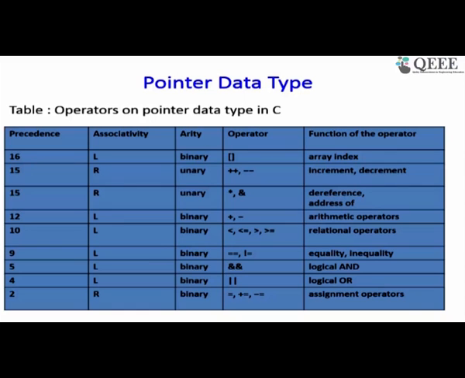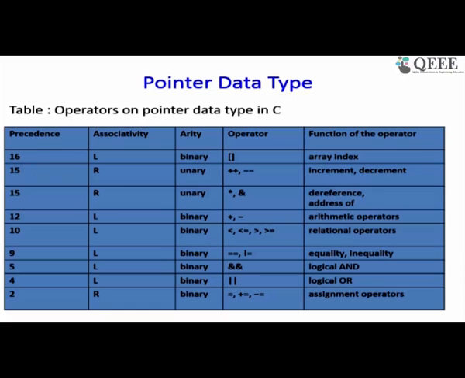So this is a very short table which tells you where pointer types can be used, and what operators are defined. You observe that there are very few operators which are defined. I'll not get into the syntax and semantics. If you look at the last ones, you can assign pointers. You can do some addition of them. You can compare two pointers, for equality, inequality, or relational, though that is not typically used.